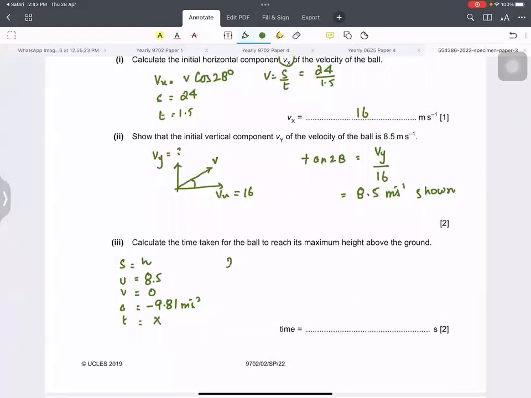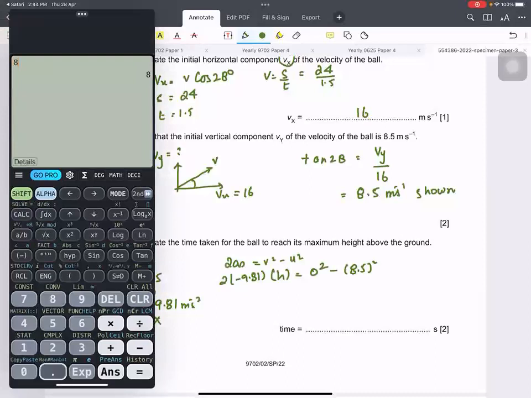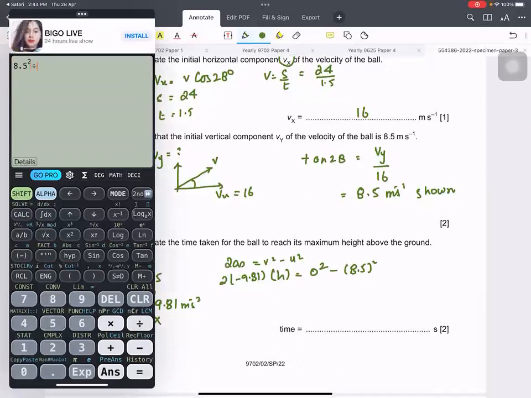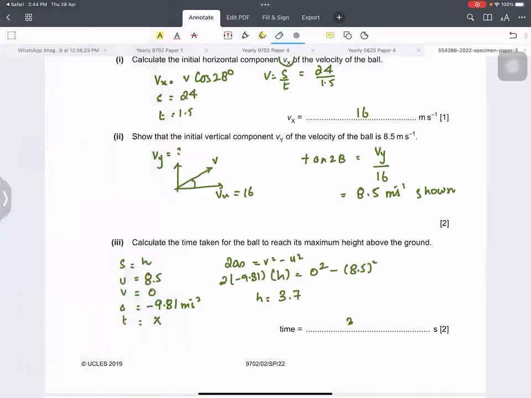So the best way is to use 2as, v square minus u square, 2 times minus 9.81 times h, 0 square minus 8.5 square. Okay, now let's do this. 8.5 square divided by 9.81 divided by 2. So that would be 3.7 meters.